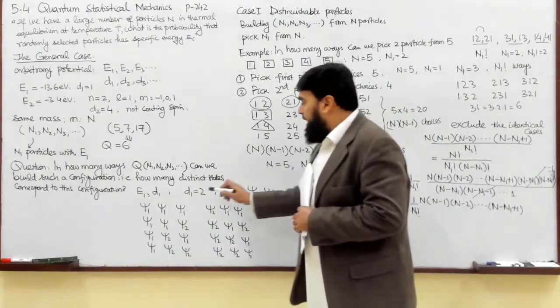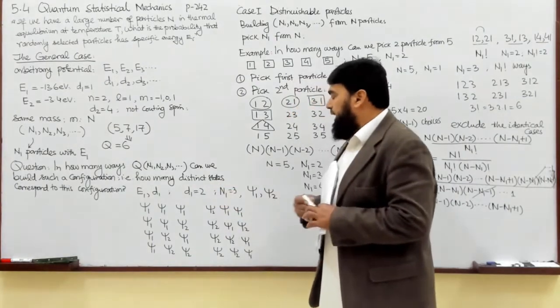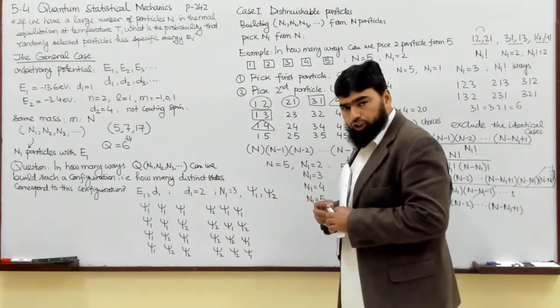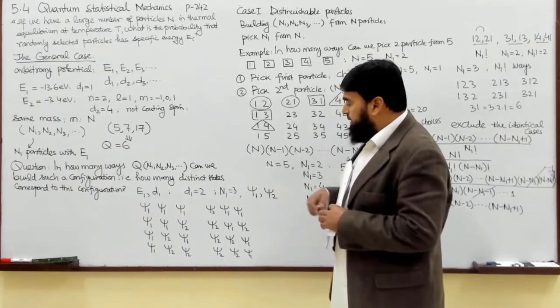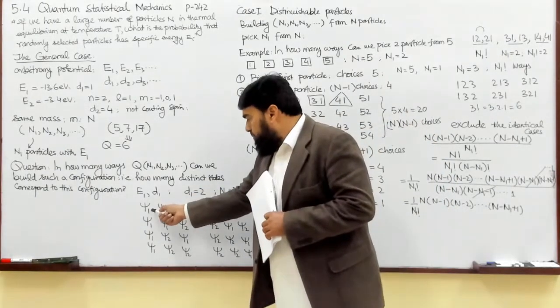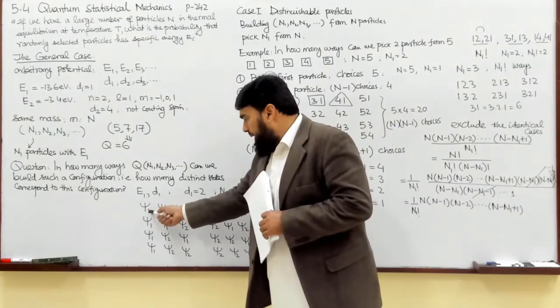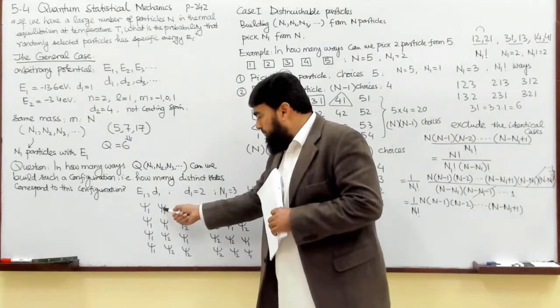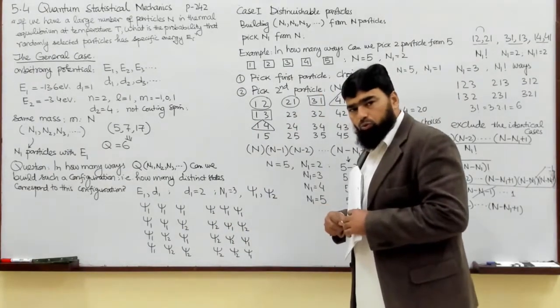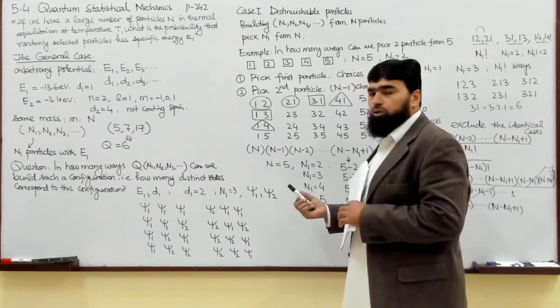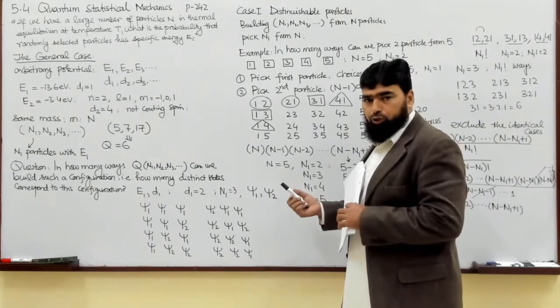That there are 2 states that have the same energy. So now I will have to put 3 particles. I can put one particle in psi 1, another particle in psi 1, and another particle in psi 1. That is one possible way that I can do.